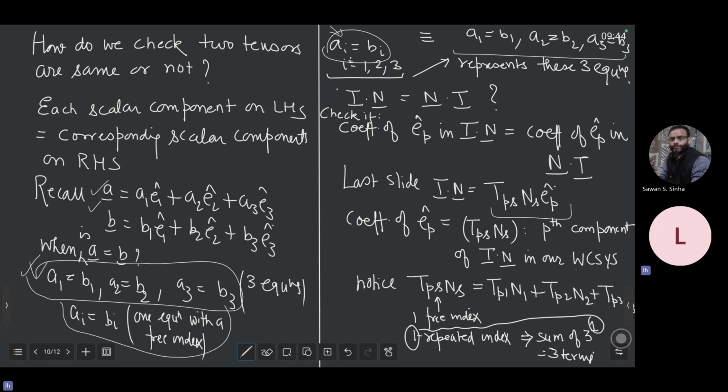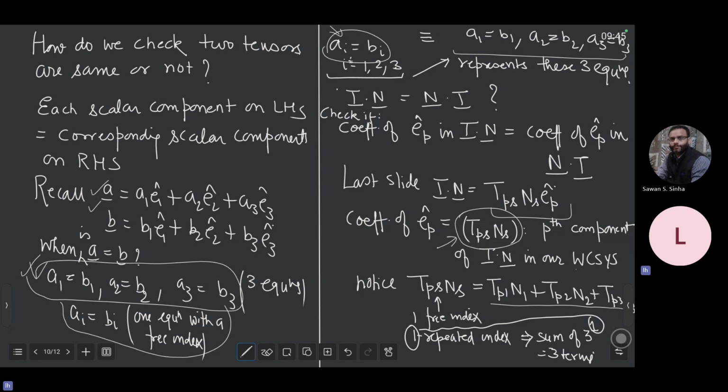Also notice that TPSNS is a sum of three terms, because P is a repeated index. You can call P here a free index. In the scalar component, P is a free index. It is appearing only once. TPSNS on its own has three terms, sum of three terms, which is in line with what I wrote earlier. The number of terms in the summation will be 3 raised to the power 1, because there is only one repeated index S here.